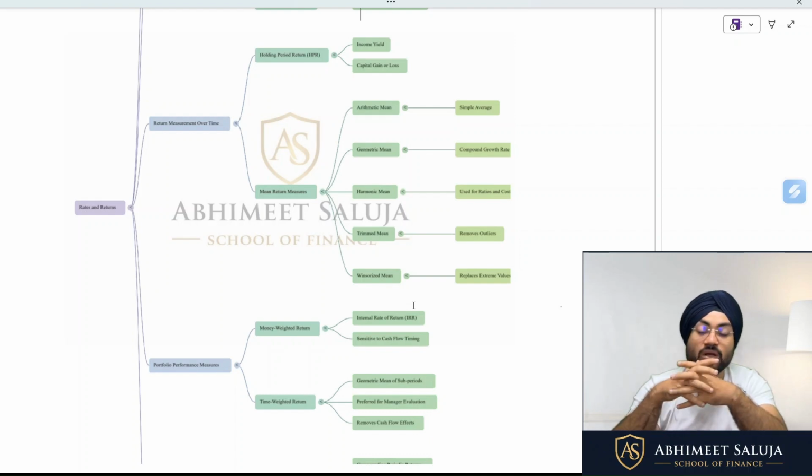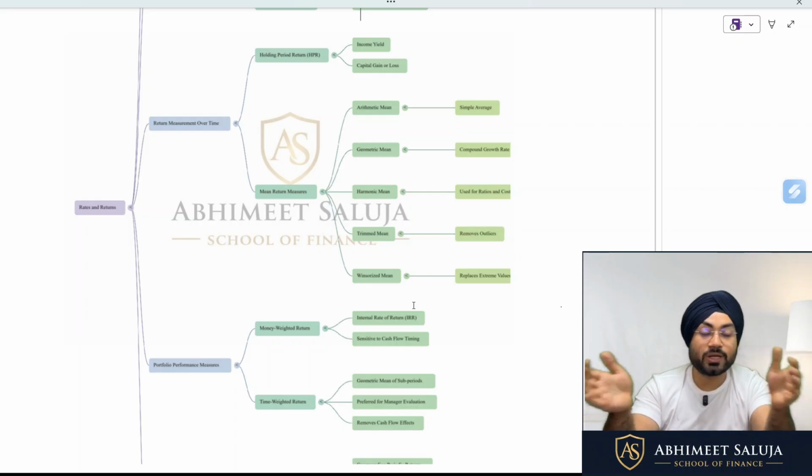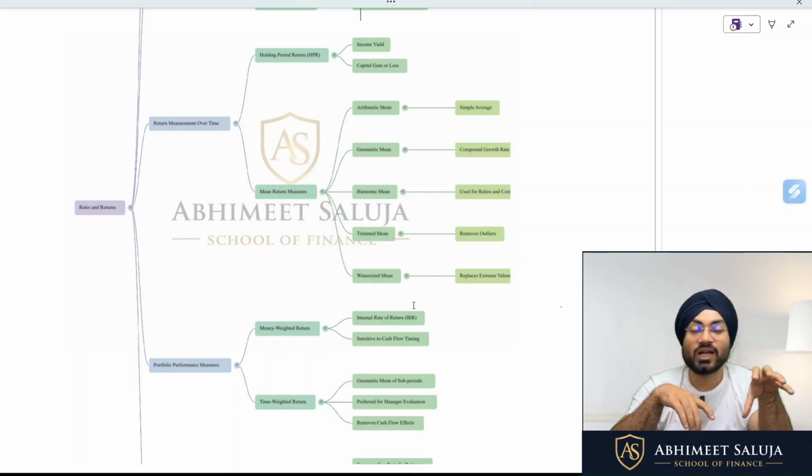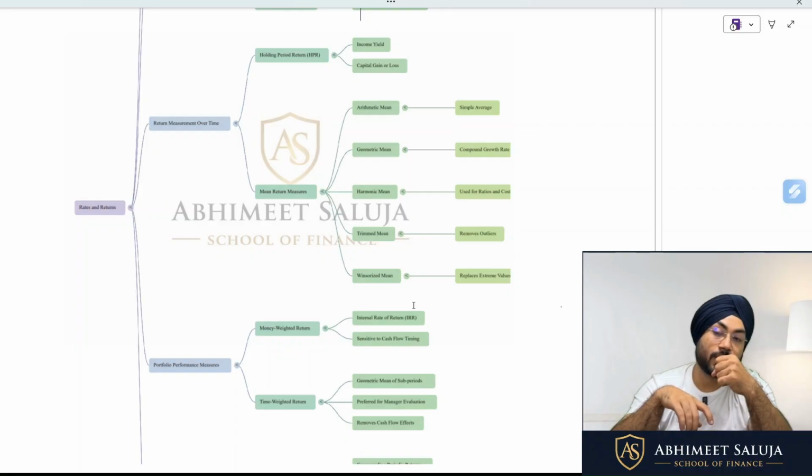Basically simple. Whatever your holding period is, you have to take into account that period and the return that you have generated. The return includes the capital gain as well as the recurring income. Say I have put that asset on rent as well.